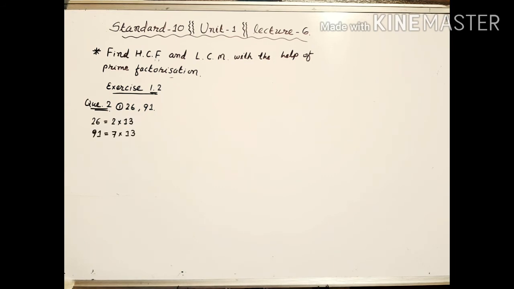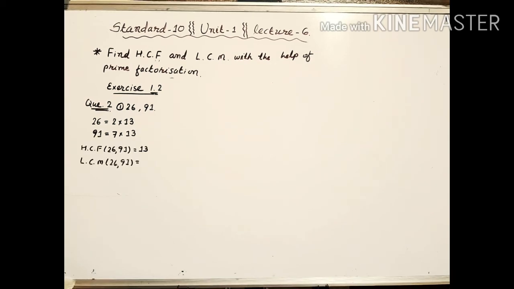The prime factors of 26 are 2 into 13 and the prime factors of 91 are 7 into 13. Now to write the HCF, we'll write the common factor 13, and to write the LCM of 26 and 91, we will write common factors as well as non-common factors 2 and 7 too. And so we got the LCM as 182.